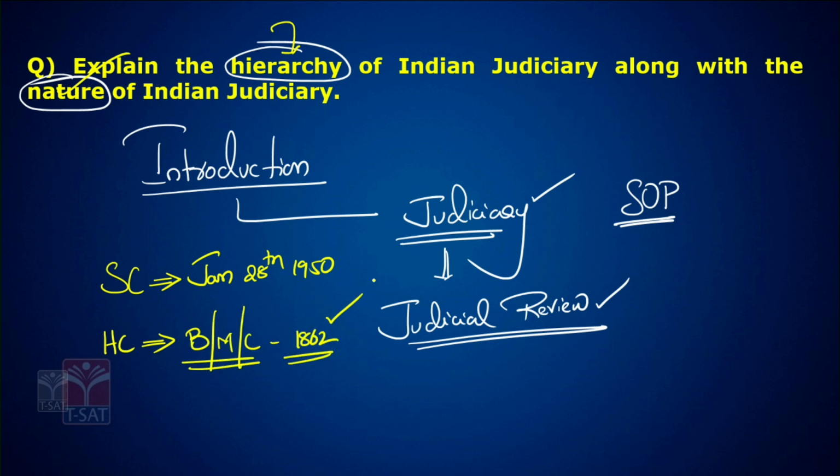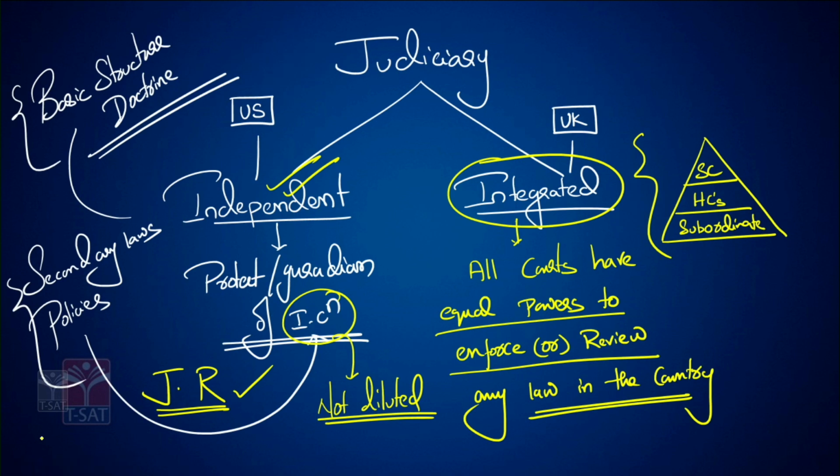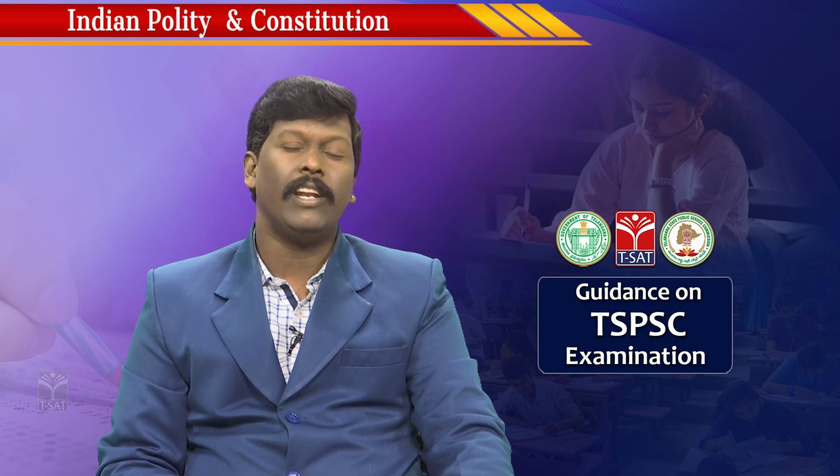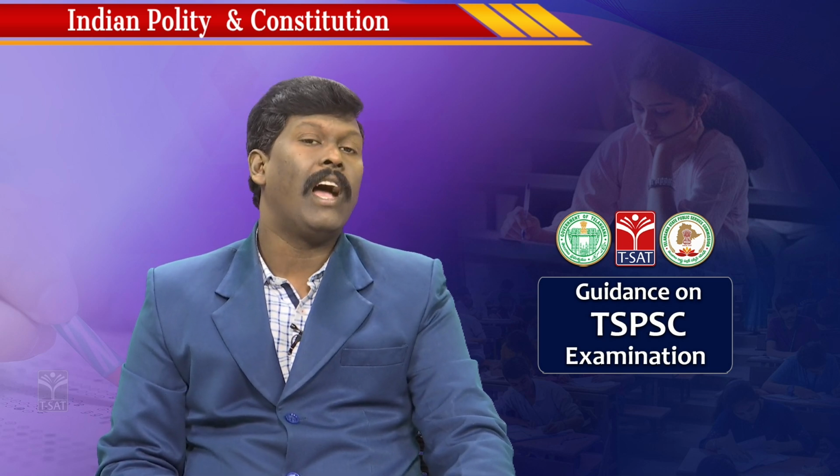This is the major hierarchy and nature of the Indian judicial system we have. This is the answer you need to write when the question is asking about the nature of the Indian judiciary and also the hierarchy.